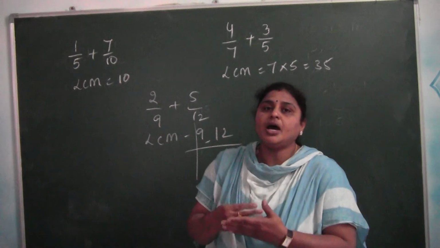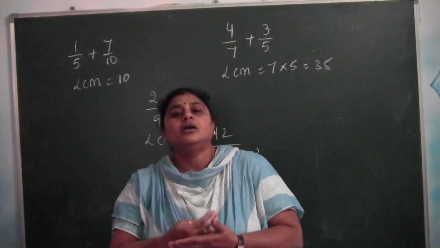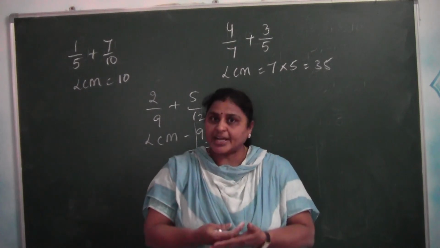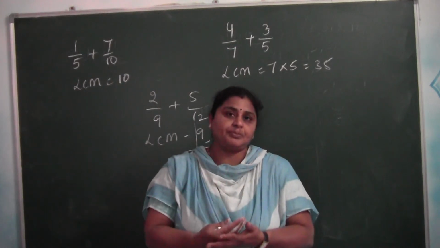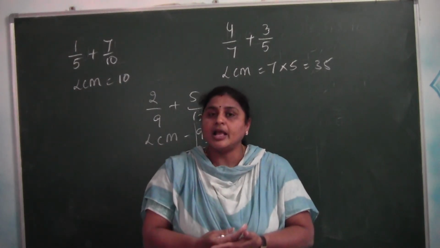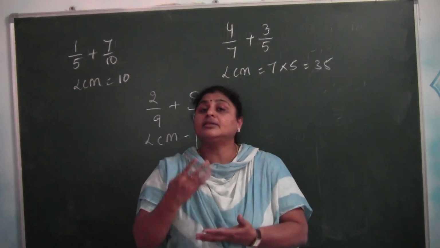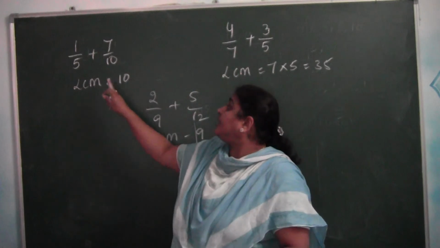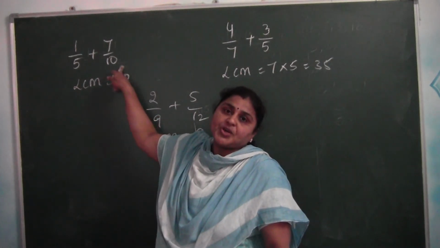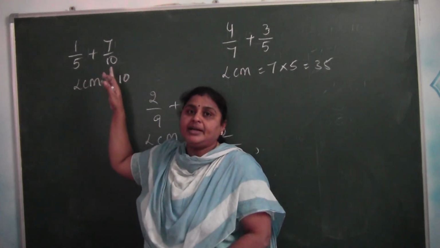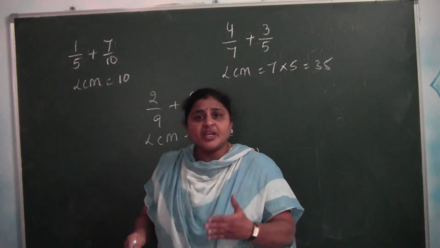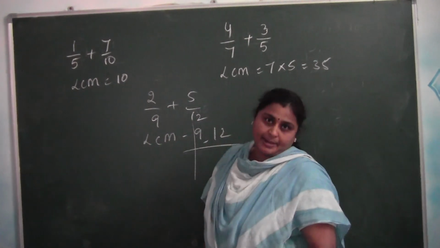So whenever you are comparing, adding or subtracting two fractions, before calculating their LCM, first try to observe the given denominators, then solve the problem. Don't waste your time calculating the LCM for everything.